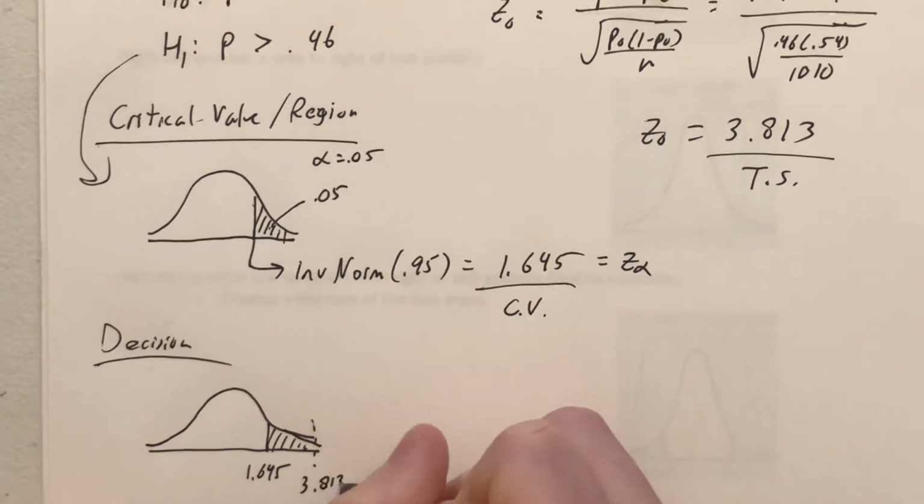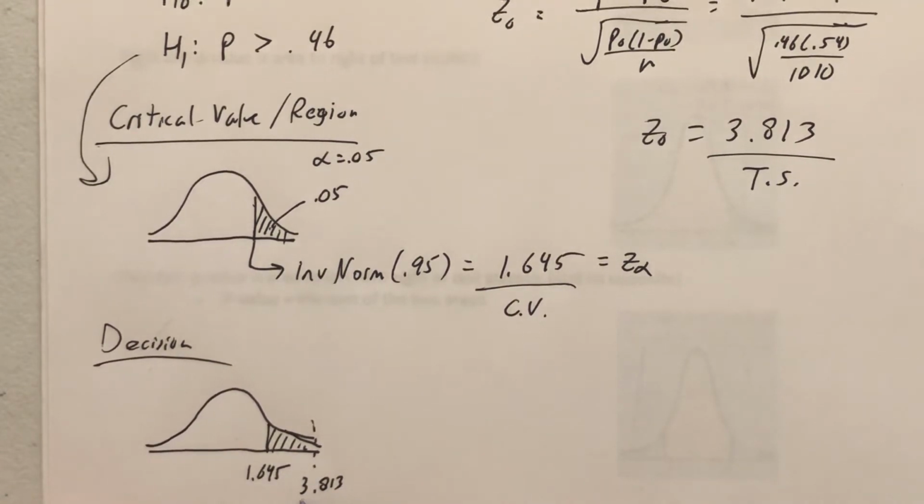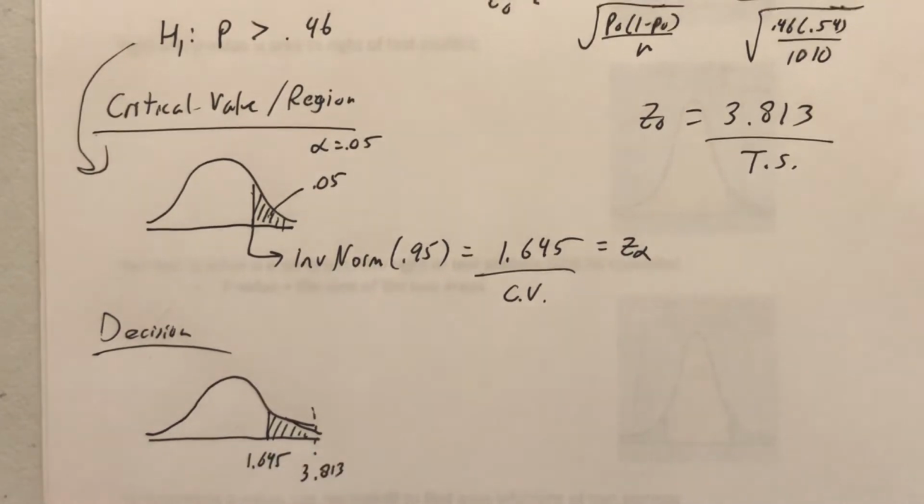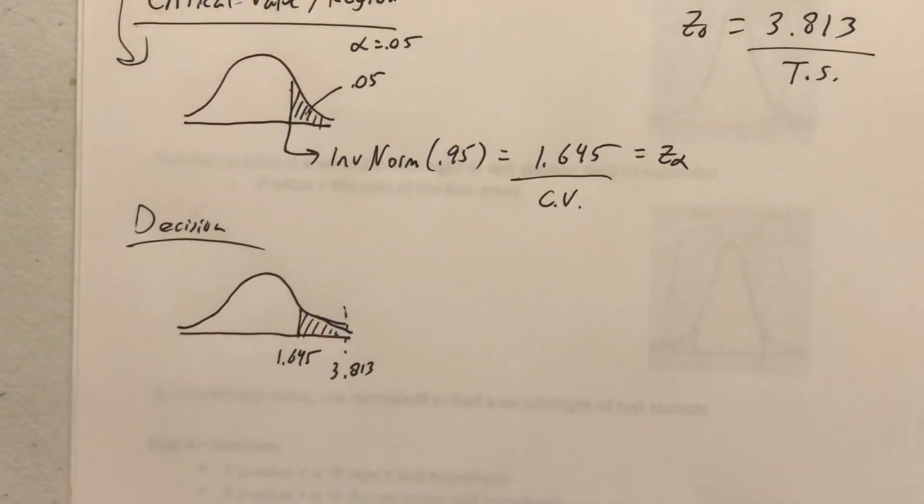In fact, a z-score of 3.813 is 3.8 standard deviations away, and the normal curve is pretty much flattened out at plus and minus 3, so this should be even further out. Doesn't matter. All that matters is it's to the right of this boundary. It's in this tail, in that critical region, which can also be called the rejection region.